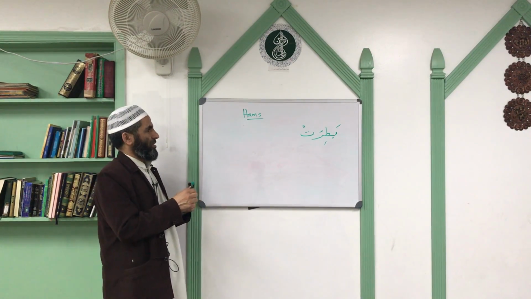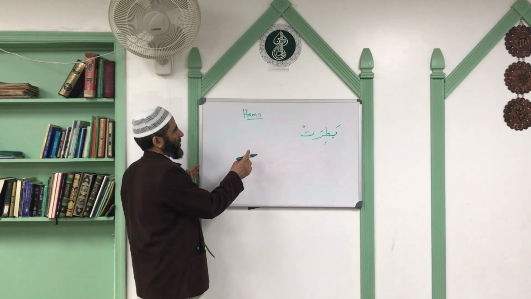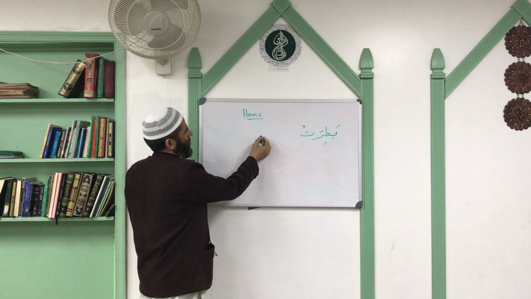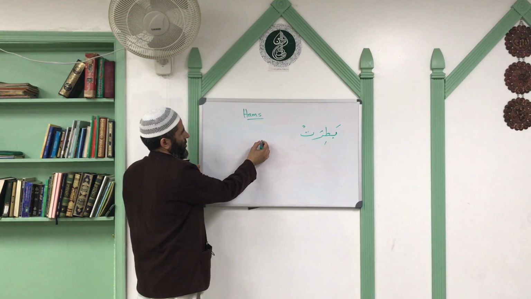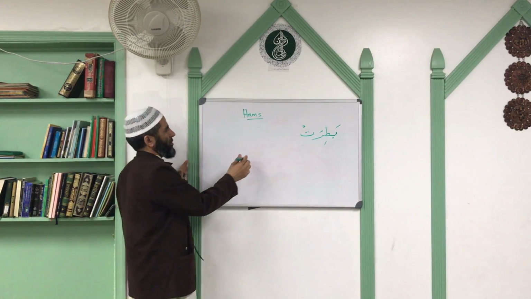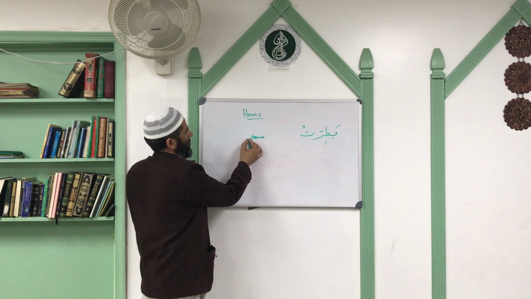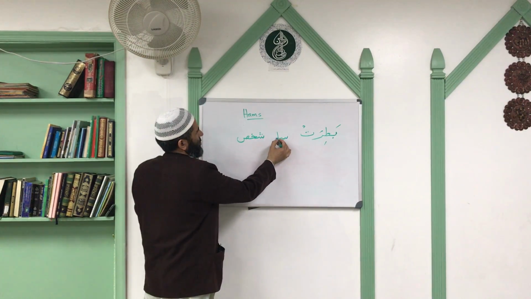These are a few letters. The letters of hams are hassahu. There is a sentence that brings together all the letters together: Shakhsun sakata.